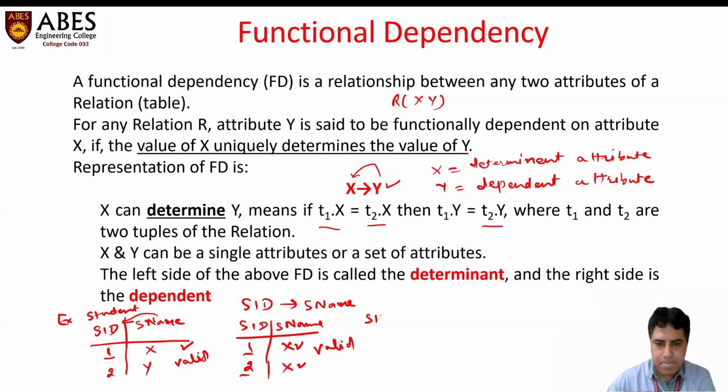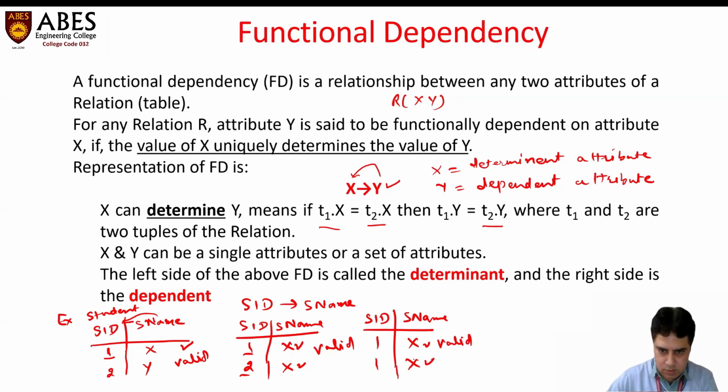There is one more scenario: roll number 1 with name X, and again roll number 1 with name X. This is also a valid entry because both entries are the same. The second entry is a duplicate entry, but there is no issue, so this is also a valid case.